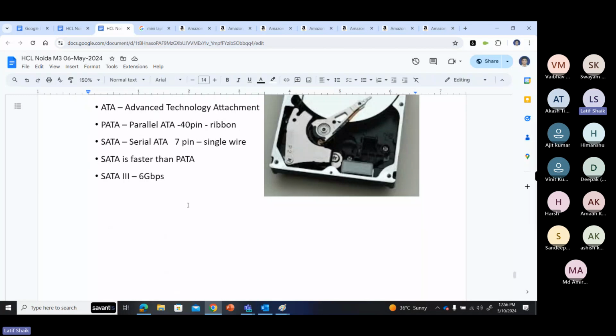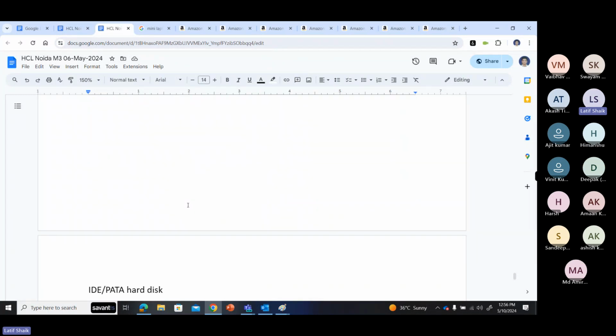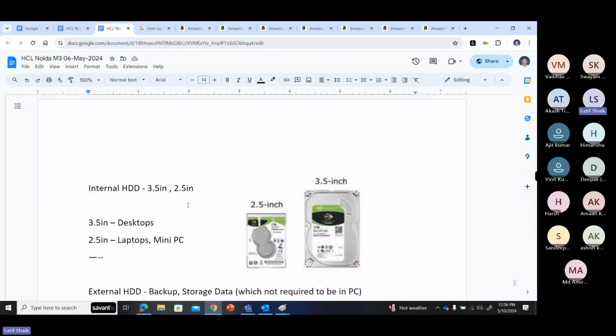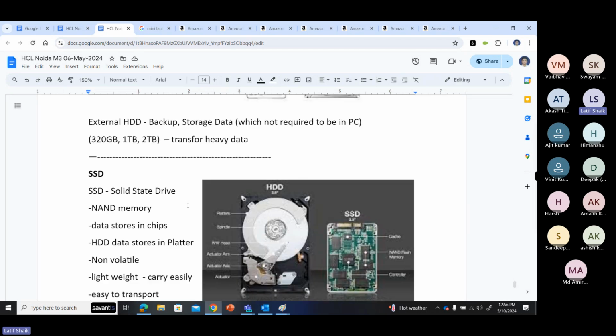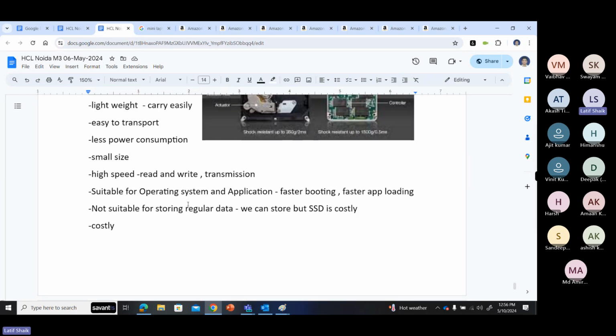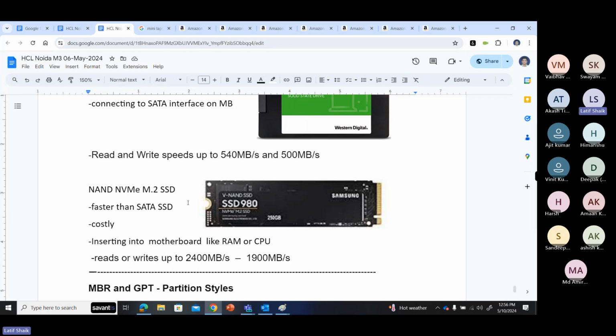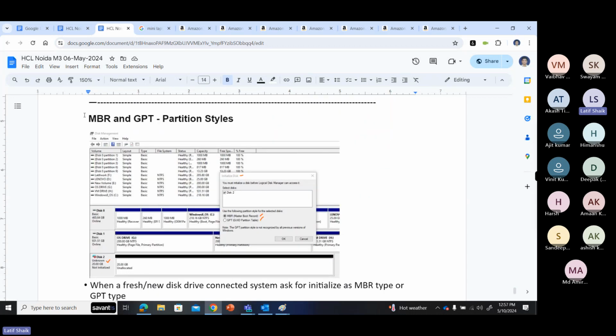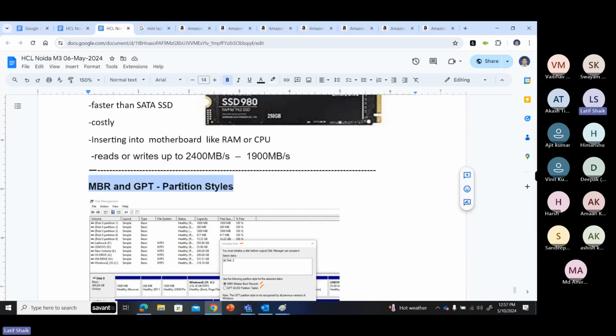We also discussed the hard disk, SATA and PATA interfaces, SSDs, and internal hard disk sizes, 3.5 inch and 2.5 inch. Different interfaces of SSDs we also discussed. But this topic is not that one. It is related to storage, but it may confuse whatever you have learned.